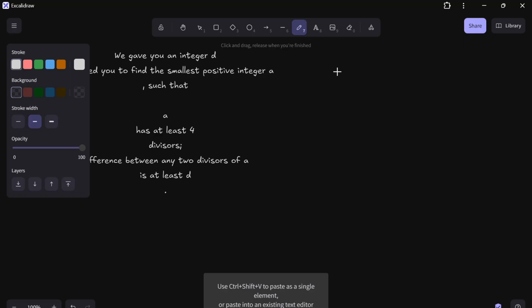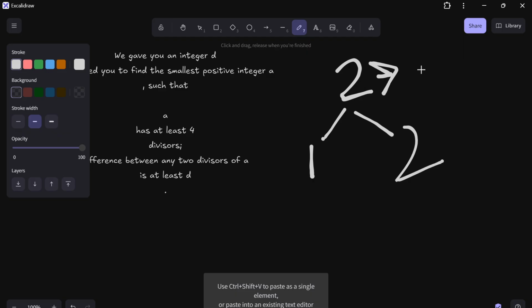First of all, we understand what a divisor is. Suppose there is the number 2. 2 is divisible by 1 and 2 is also divisible by 2. So 2 has the divisors 1, 2.